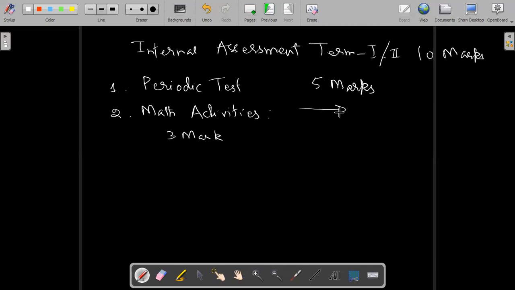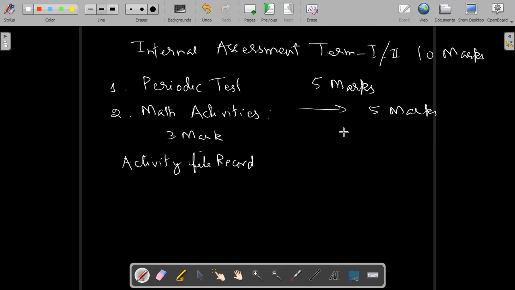Total maths activity is 5 marks. Out of that, 3 marks is for the activity file record. That I am telling you again and again. You have to make the activity file record. The 4 activities I sent you, you have to do properly. Cutting, pasting should be done. Some practical things should be done.